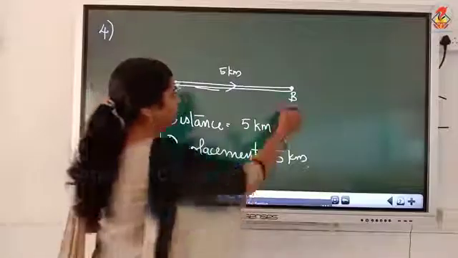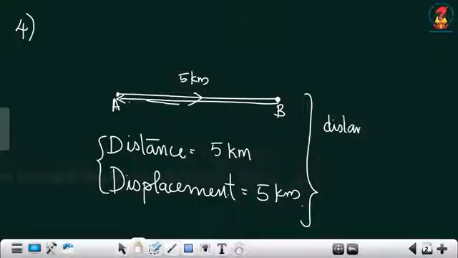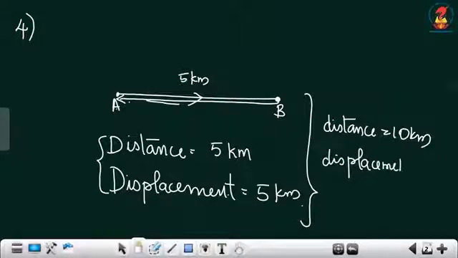So, in this case distance equals 10 km, means 5 plus 5, 10 km. Displacement you will get as 0 kilometer.